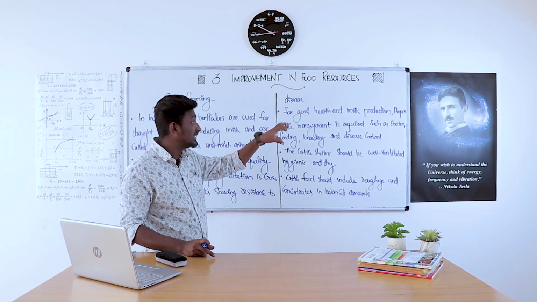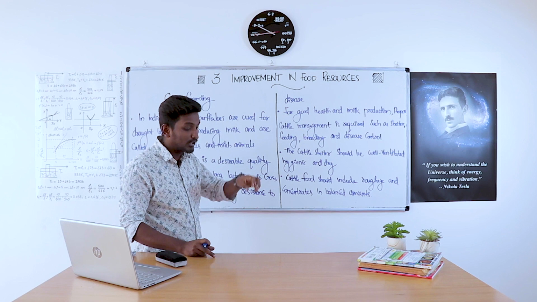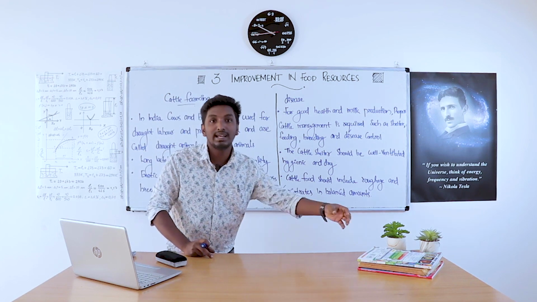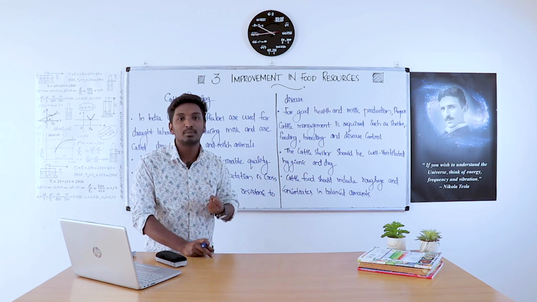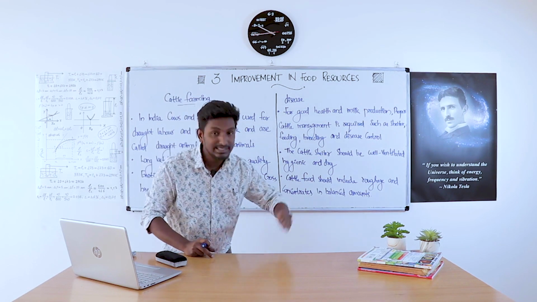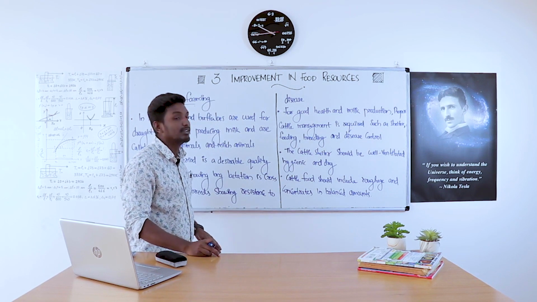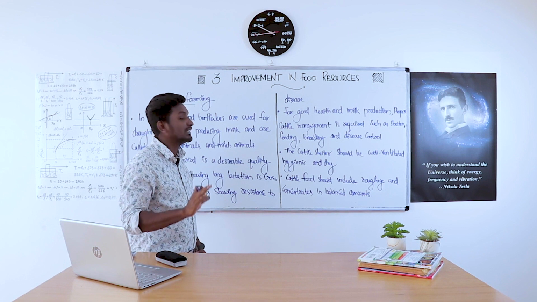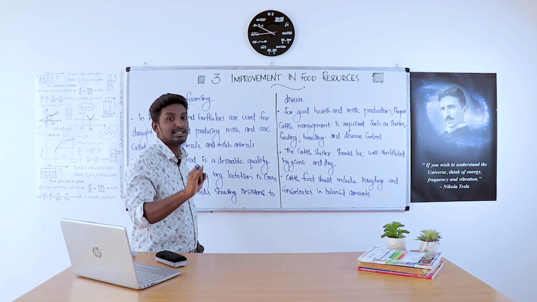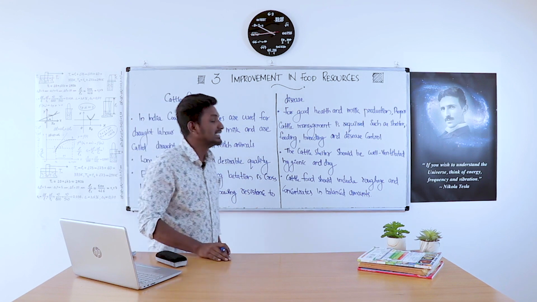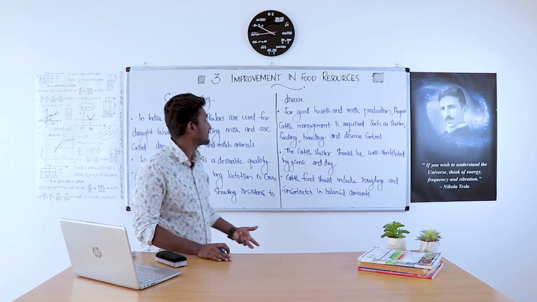Only if they are healthy will they provide us milk. So for maintaining good health, we need proper cattle management. That simply means we need to check the shelter, feeding process, breeding process, and disease control regularly.